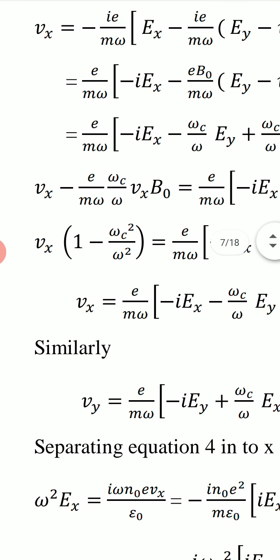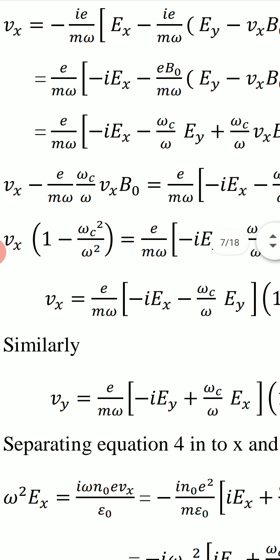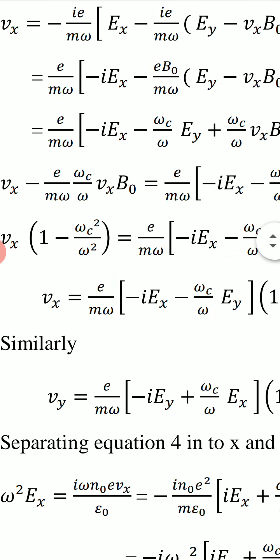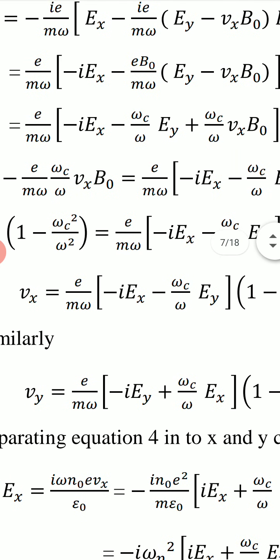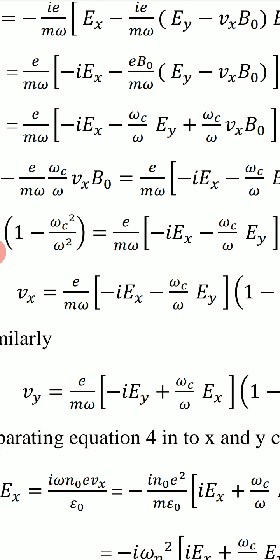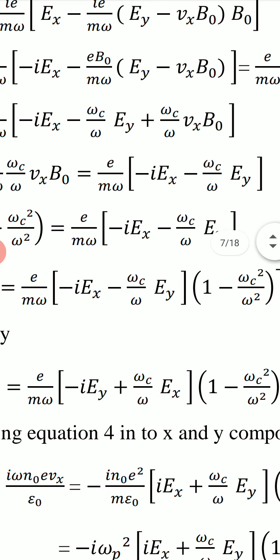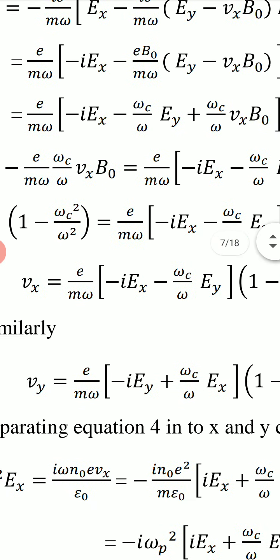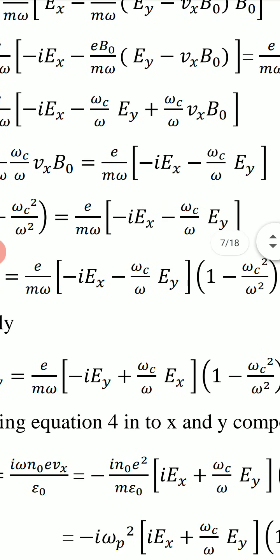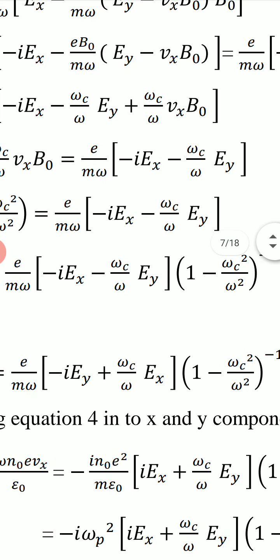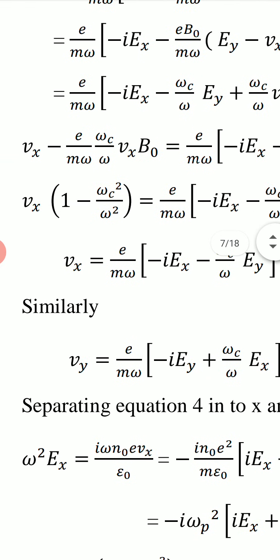So the left hand side will become Vx minus e upon m omega c upon omega Vx by 0. And now in the right hand side we have only two terms, e upon m omega into minus i Ex minus omega c upon omega Ey. Take Vx common.